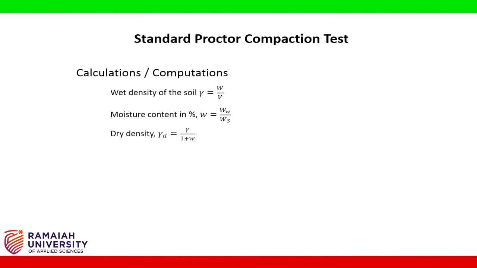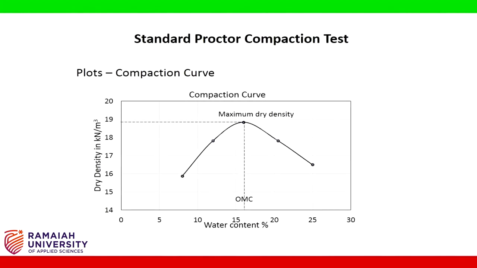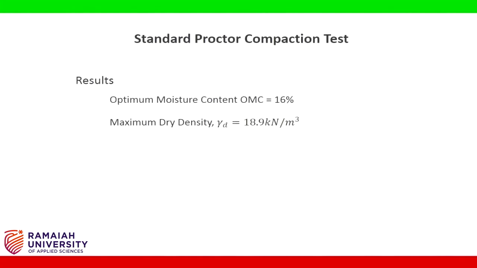Wet density of the soil gamma equals W by V, moisture content in percentage w equals Ww by Ws, and dry density gamma d equals gamma by 1 plus w. The compaction curve obtained is as shown in the figure. The results of optimum moisture content, OMC, and maximum dry density, gamma d, are presented.